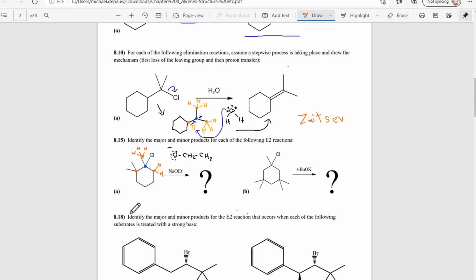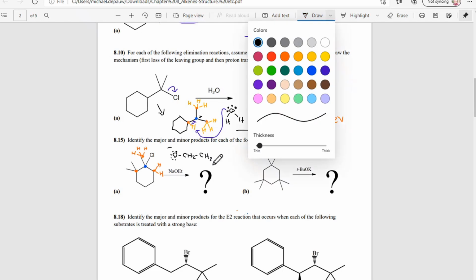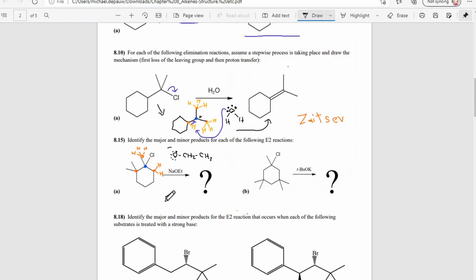Good Russian name, Zaitsev. So the Zaitsev product will be the more highly substituted product, and that will be this one that I'll draw right here. The Zaitsev product is generally favored over the Hofmann product, except in specific circumstances.